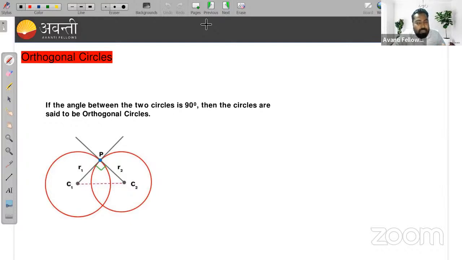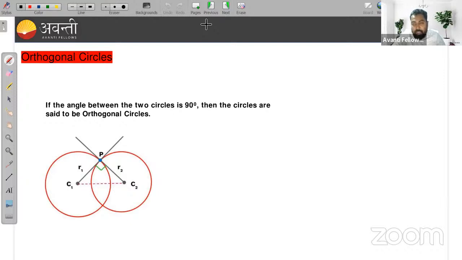Actually, the circles are always represented by their tangents. The angle between the circles is equal to the angle between their tangents also.